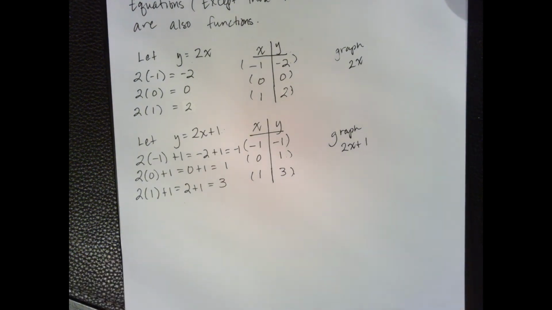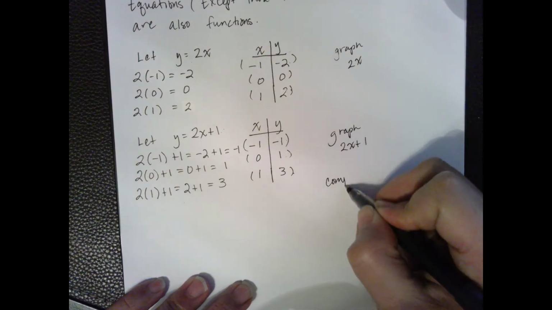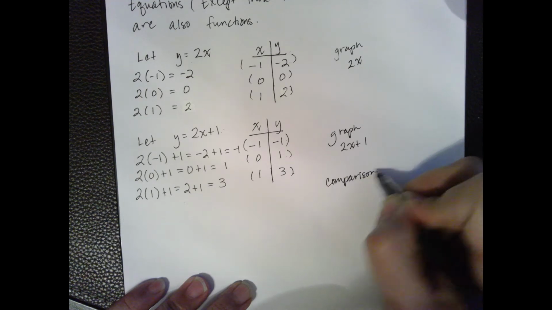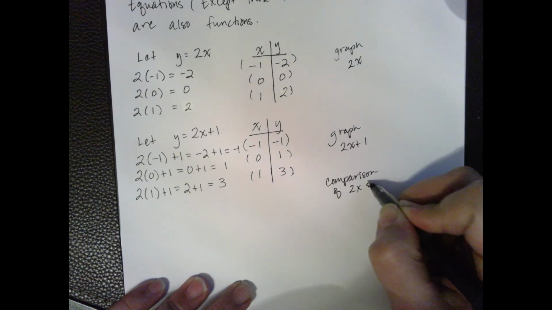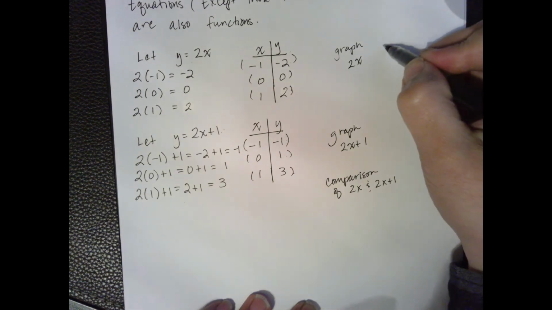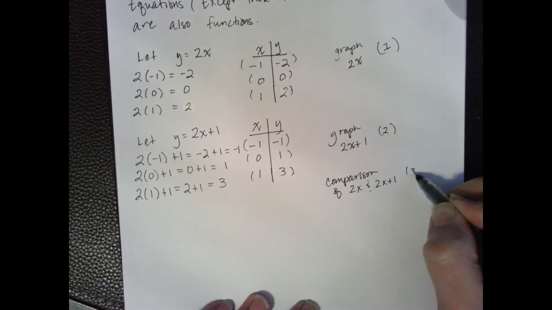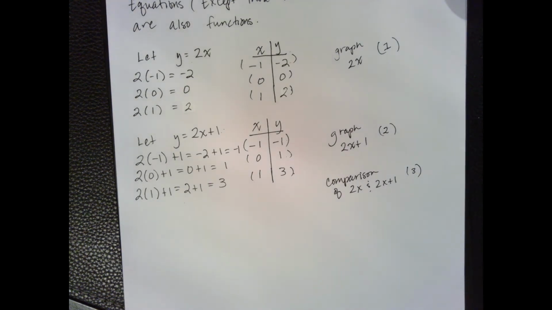You can download them, print them up, or see them whenever you need. And then we saw the comparison of 2x and 2x plus 1. So this is our first picture, this is our second picture, this is our third picture in that document.